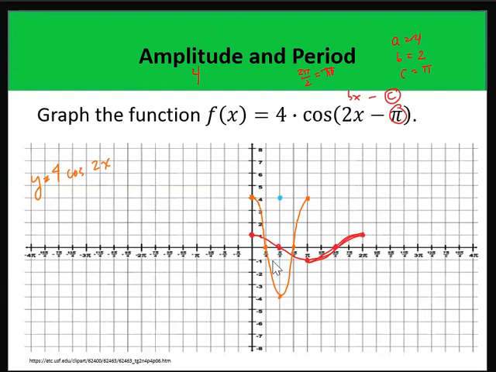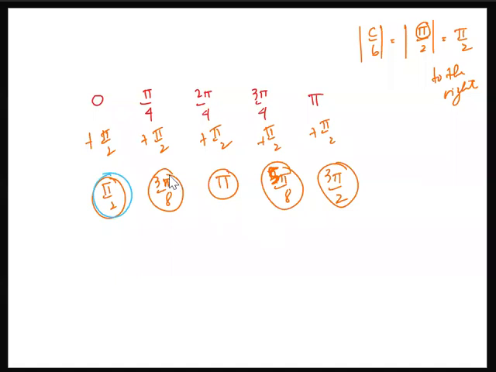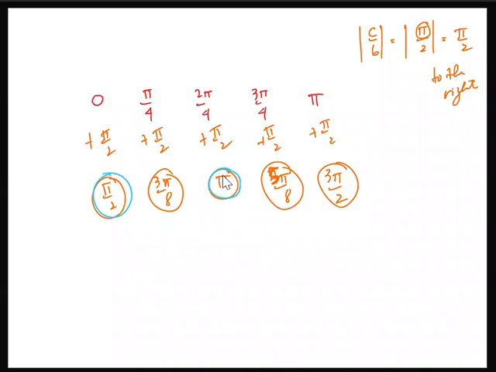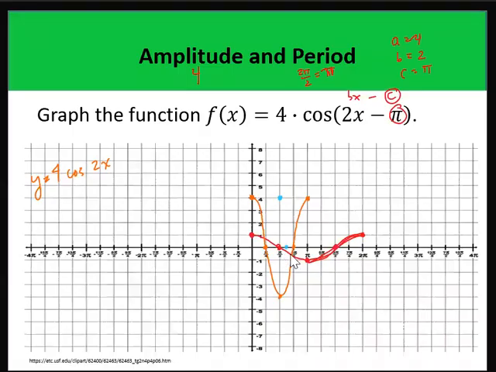And then the second point will be plotted at 3 pi over 8. So 3 pi over 8 is between pi over 2 and 3 pi over 4. So that's going to be 0. And then at x equals pi, we have negative 4.